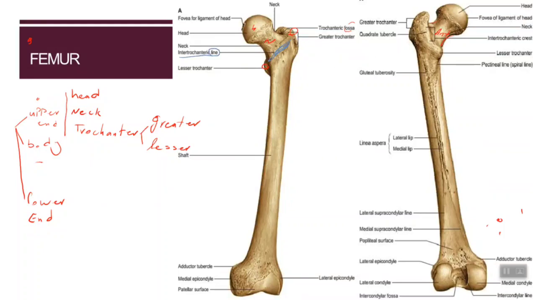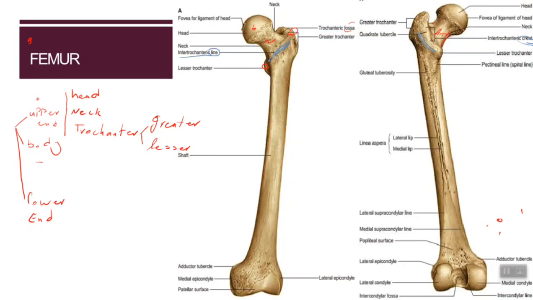In the posterior surface, again at the junction of the neck with the upper end of the body, we have a large elevation. Its name is the intertrochanteric crest. Okay, we have two new terms: the intertrochanteric line in the anterior view at the junction of the neck with the upper end of the body, and the intertrochanteric crest at the junction of the upper end of the body with the neck in the posterior surface.